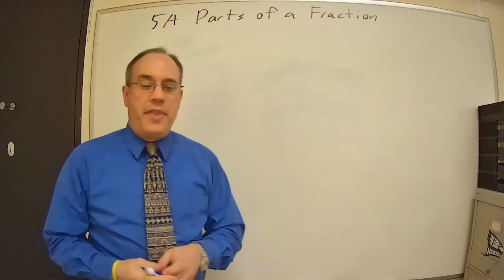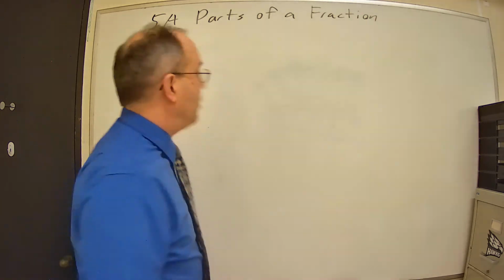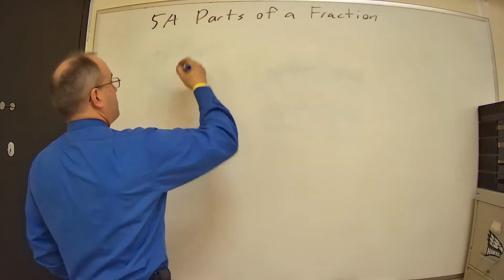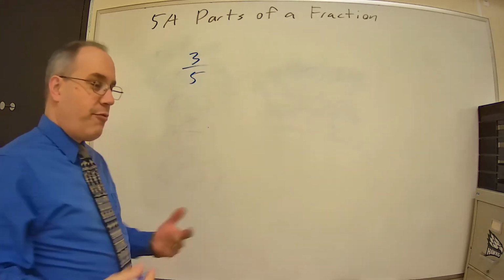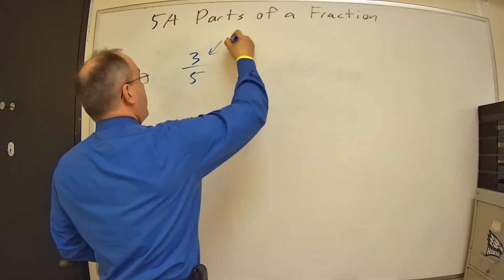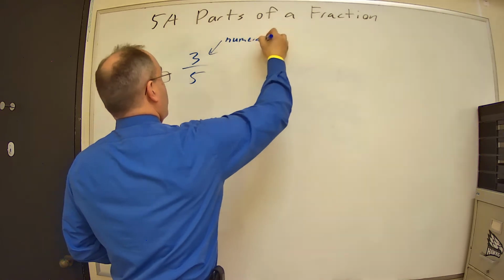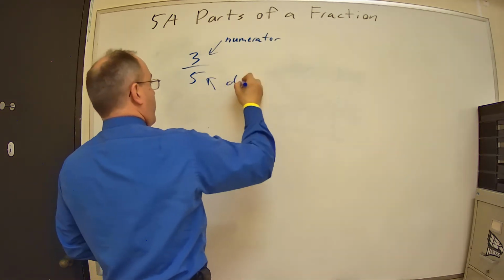By continuing on with that, let's now get to fractions. Well, if I have a rate 3 to 5, well, that's a fraction. We have a numerator and a denominator.